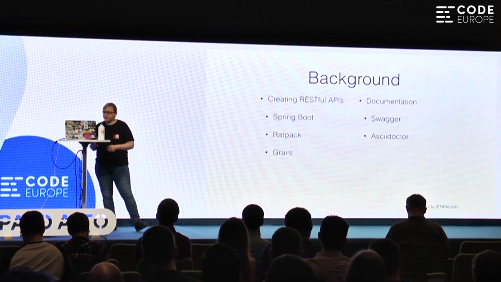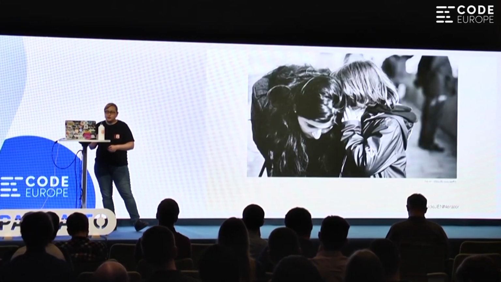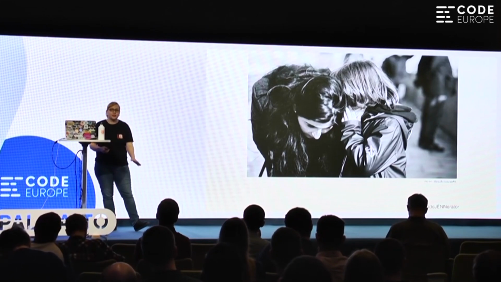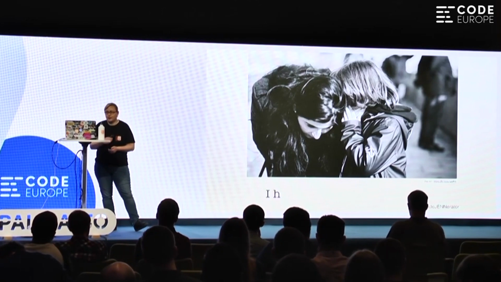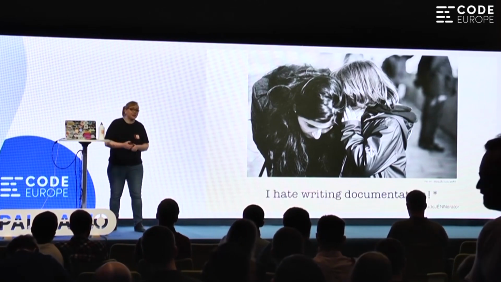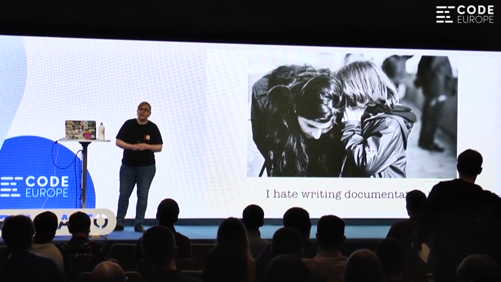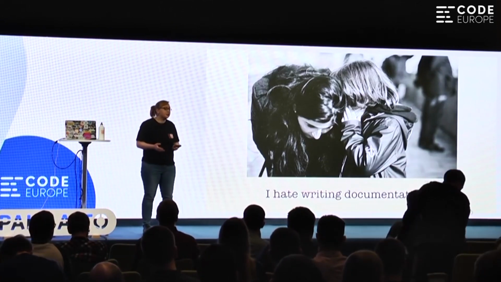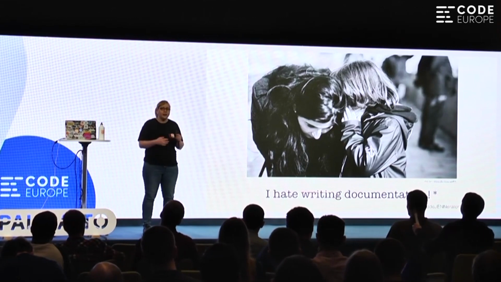Okay. So now that you know a little bit about me and I know a little bit about you, I feel pretty confident that I can share my secret with you. And that's that I hate writing documentation. And I put an asterisk here because it's not the actual documentation that I don't like writing.